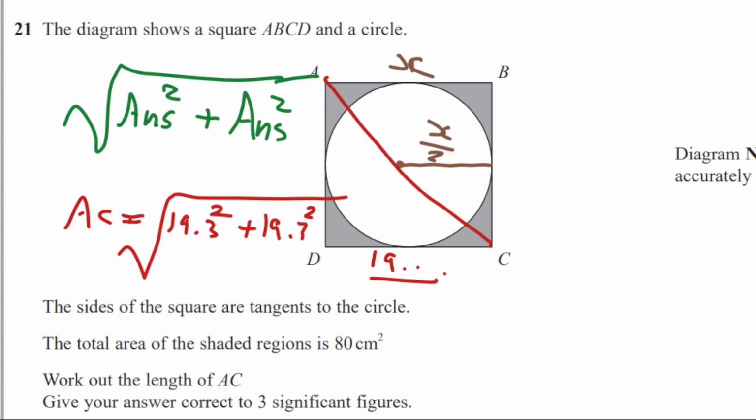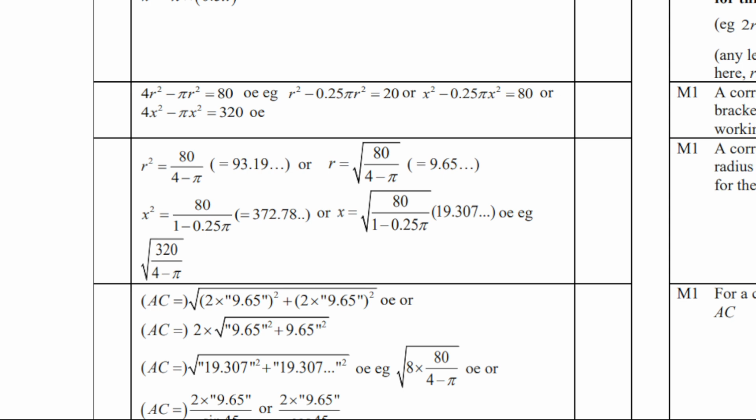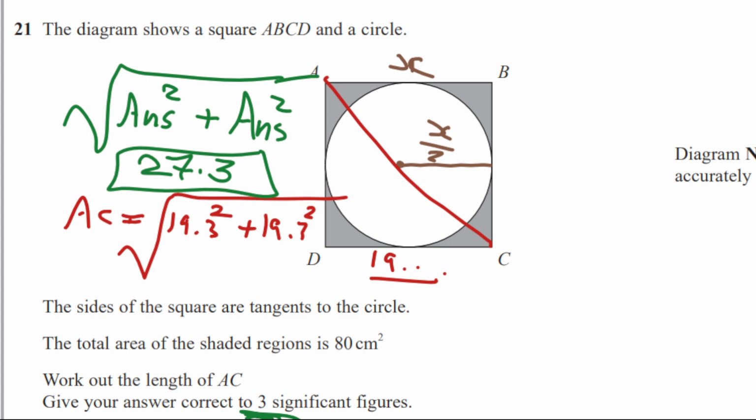So let me see. That gave me 27.30 and a lot of digits. The question says to three significant figures. Three significant figures is going to be 27.3. And we got x. This is fun. Have you noticed? It's the same answer. So it's 19.3.